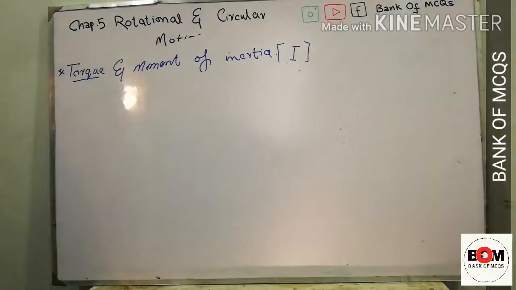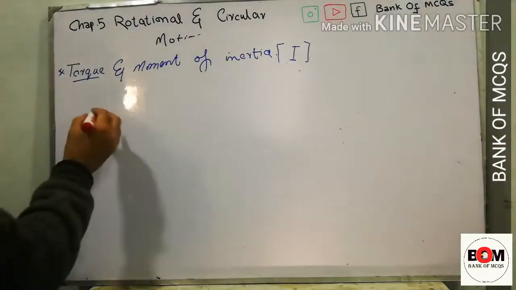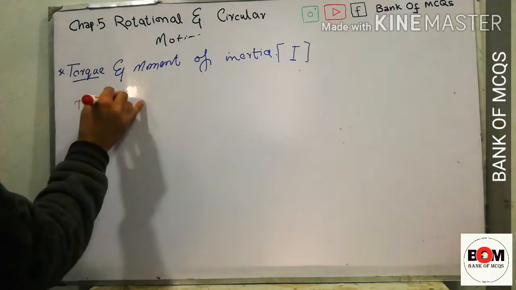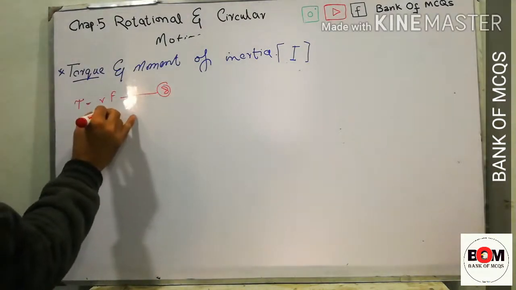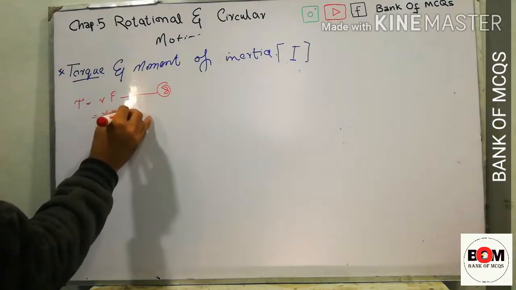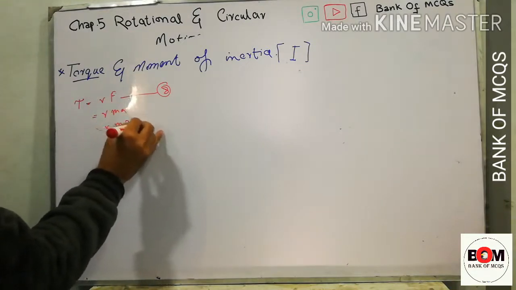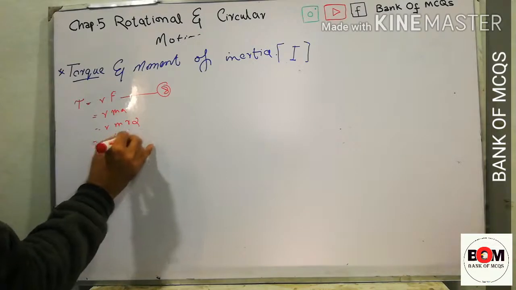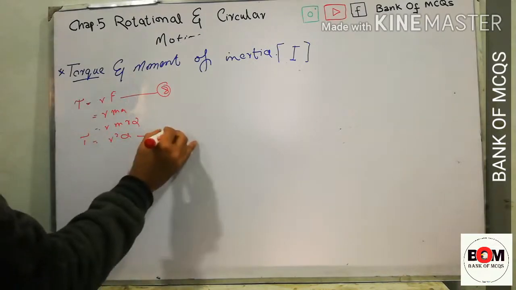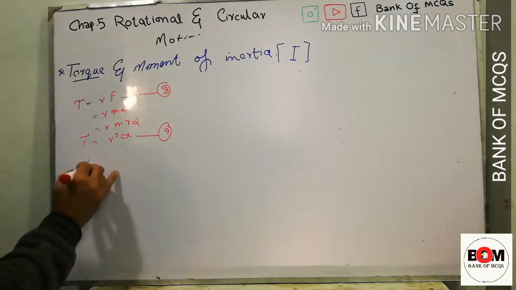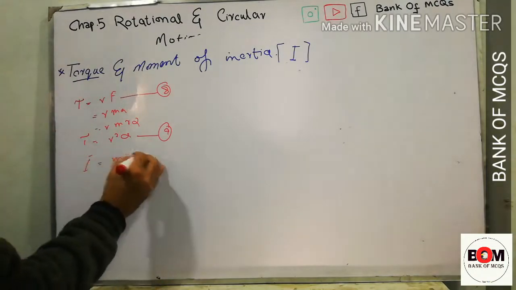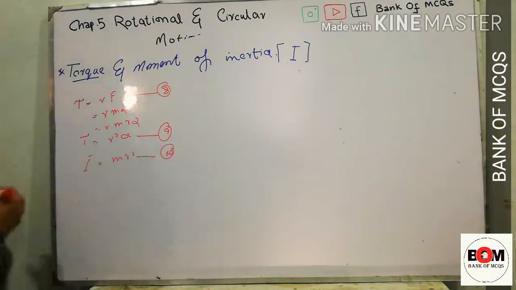The points were point number 7, that torque is equal to R F. This is point number 8: R F is equal to M a, where R M a is equal to R square alpha, this is equal to torque. This is equation number 9 to remember, and I is equal to M r square. This is equation number 10.